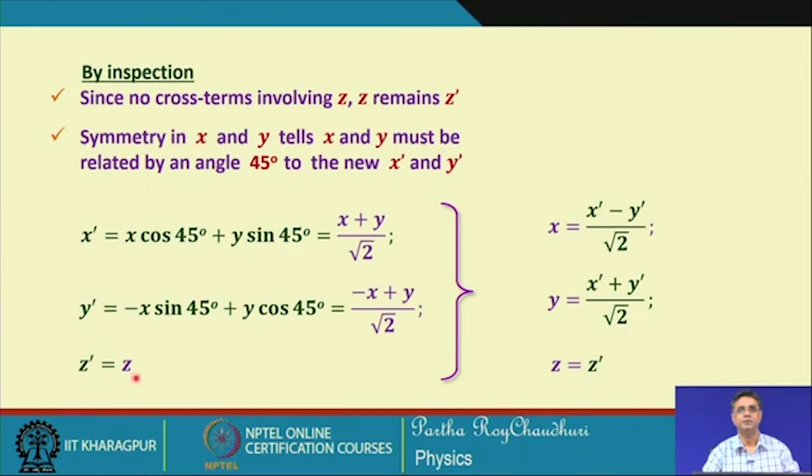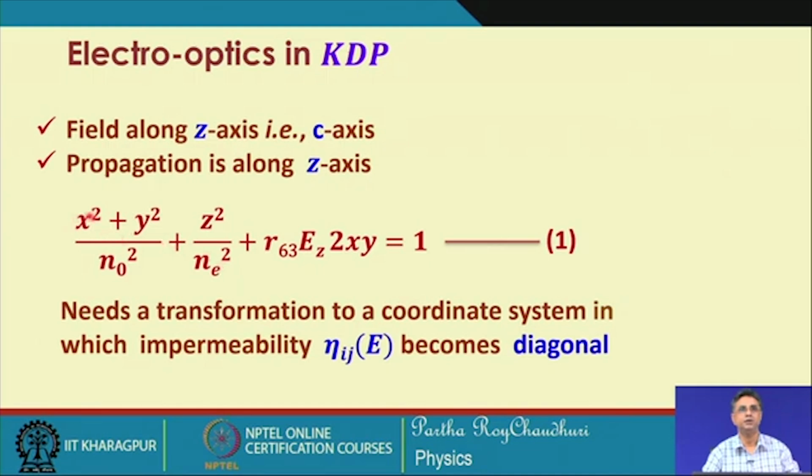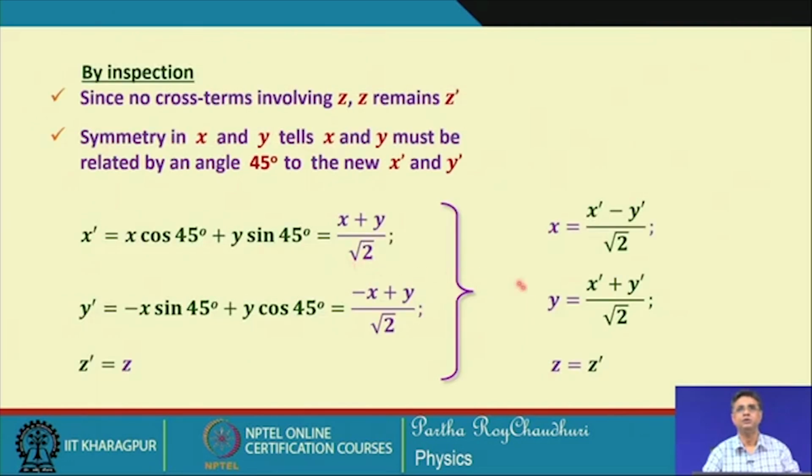Z prime is equal to z, but because we need the reverse transformation, we have to replace x, y, z by x dash, y dash and z dash. So, we will be using the reverse transformation, that is, in place of x we will write (x dash minus y dash) by under root 2, and y equal to (x dash plus y dash) by under root 2, z remains z prime.